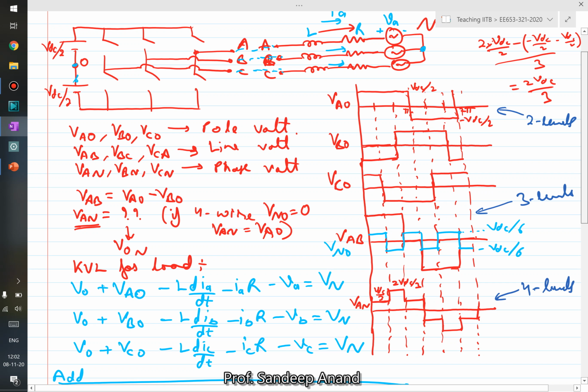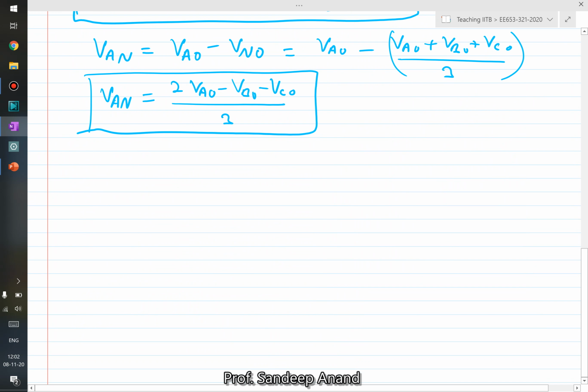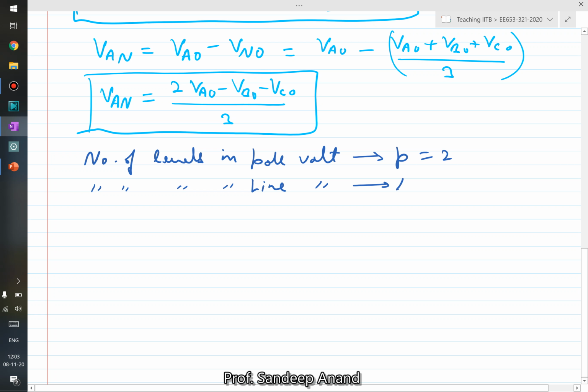In general, the number of levels in pole voltage, if they are equal to P, which in our case is equal to 2, then the number of levels in line voltage is going to be L, which is 2P minus 1, which is 3 in our case.